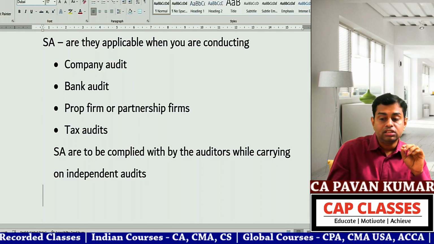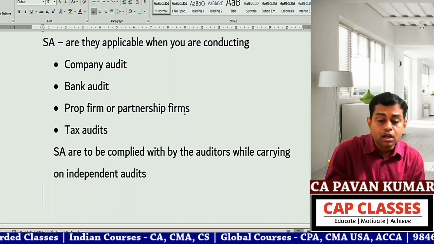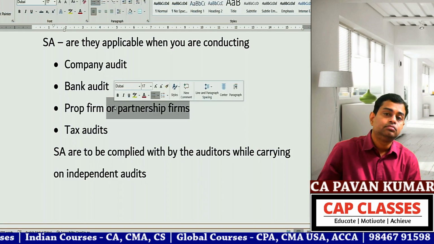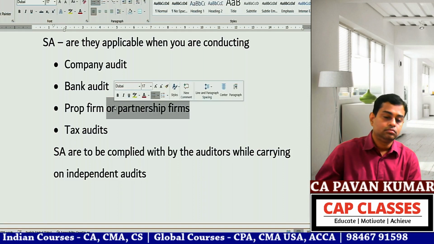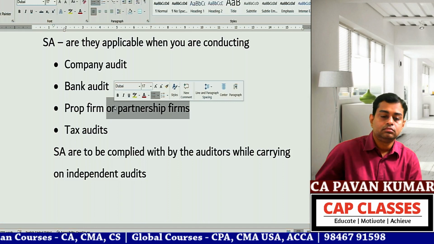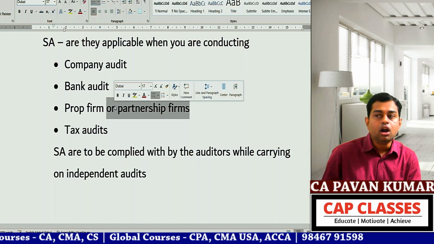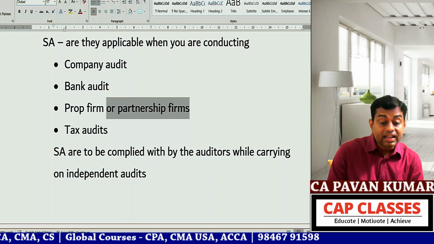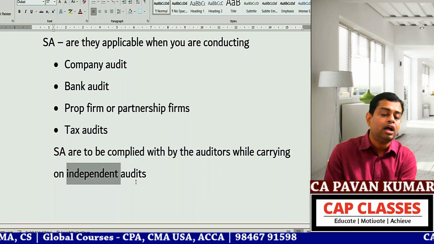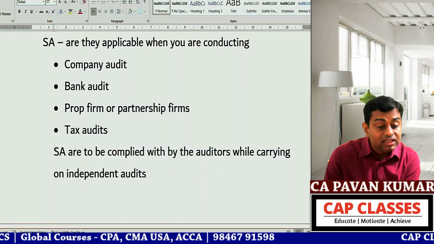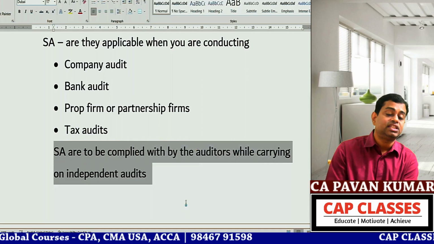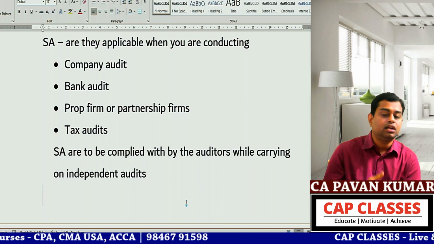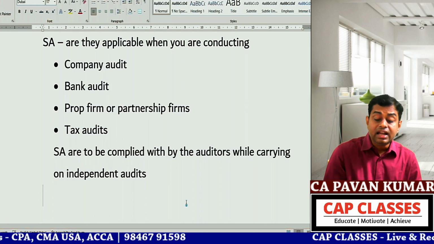If you say statutory audits, proprietor firm and partnership firm audits need not be statutory, no. So external audit also can be a correct term, but technically independent audit is the more appropriate term, and ICAI used this in the introduction to SA. Standards on audit are to be complied with by the auditors while carrying on independent audits.